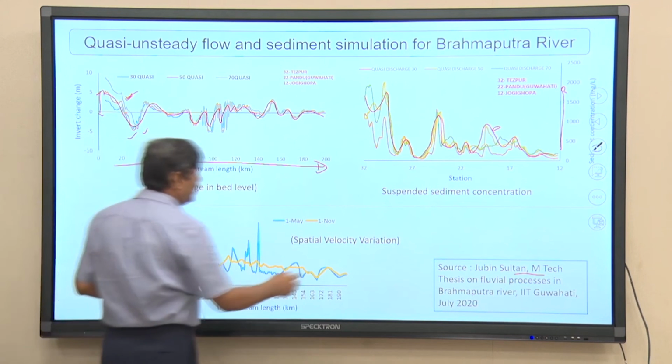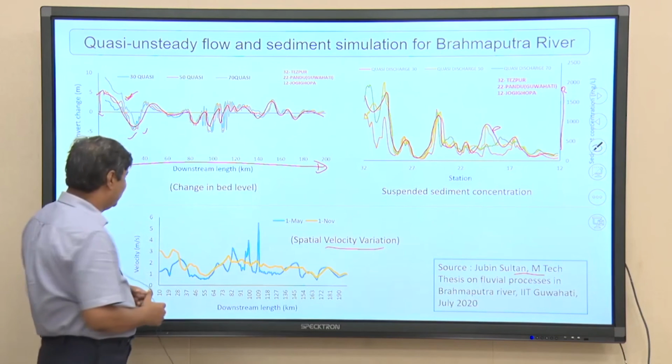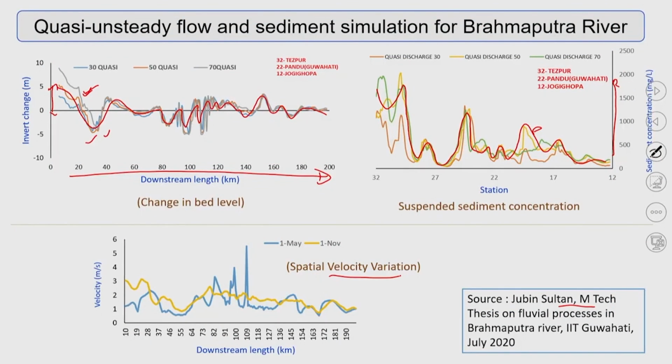We were more interested in the velocity distributions. During the early flood the velocity can go as high as 6 meters per second, which is quite high. But after the flood recedes, the velocities will be on average 2 meters per second.